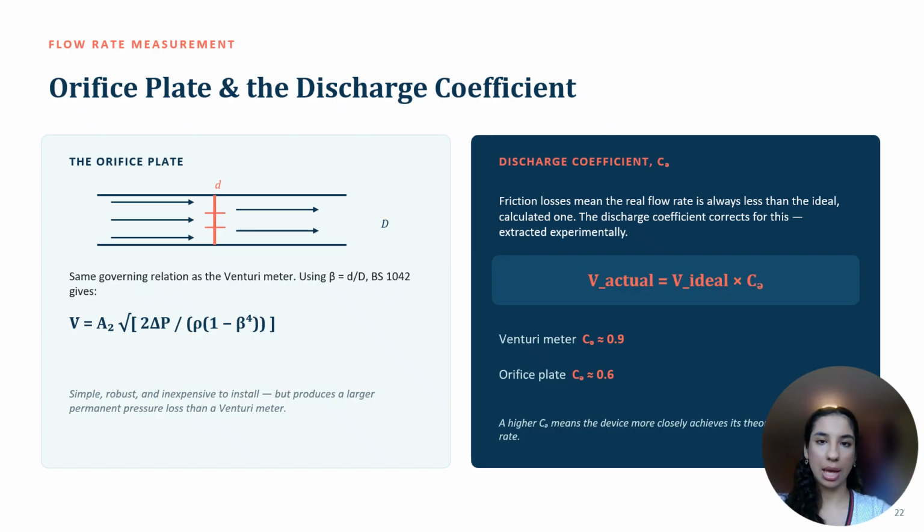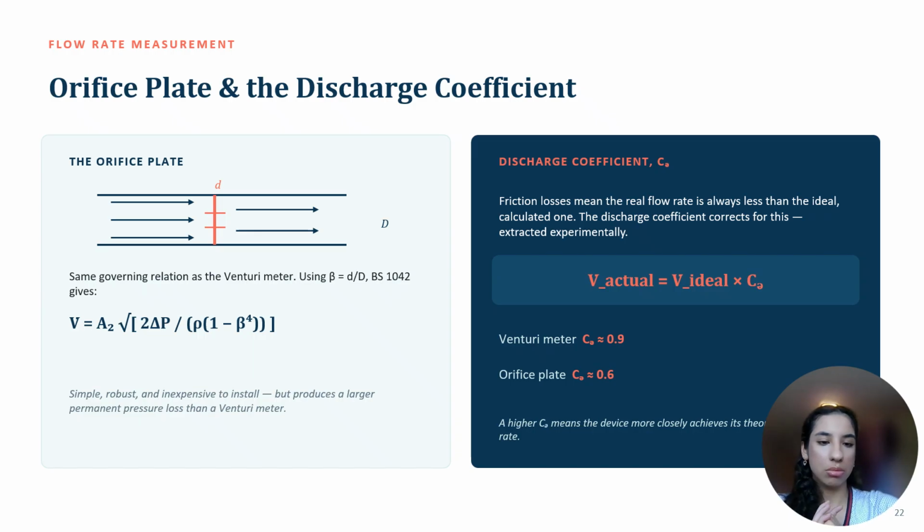When you place it in the tube, it makes the fluid go through that little hole and get out, so it makes a similar effect as the Venturi. It's used to find the pressure drop and then the flow rate of a fluid.